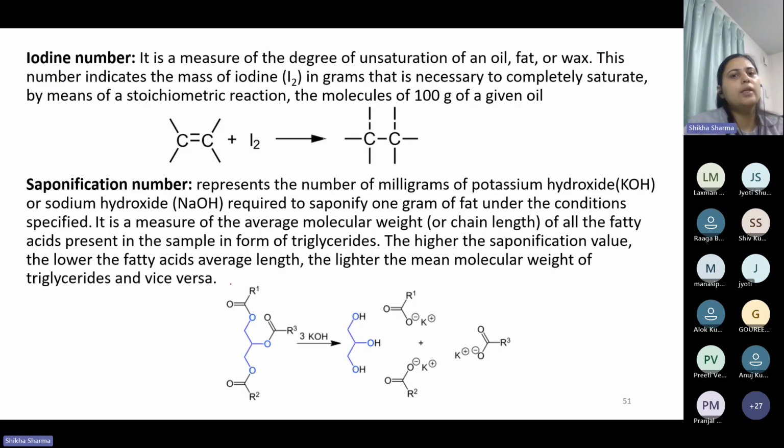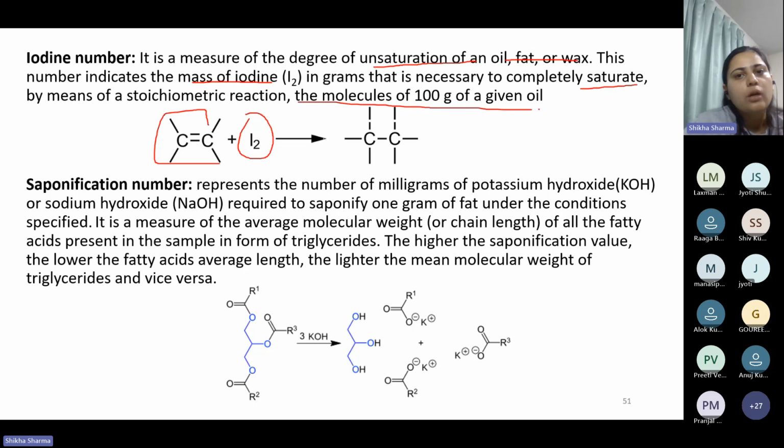So we have the iodine number, as she rightly mentioned. It measures the degree of unsaturation of an oil, fat or wax. This number indicates the mass of iodine, I2, in grams, necessary to complete saturation of the unsaturated molecules in 100 grams of the given oil.